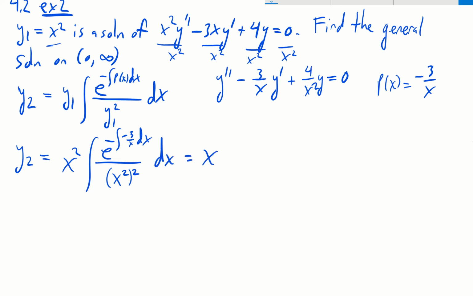This is going to be equal to x squared times the integral. We would have to do the antiderivative in the numerator first. So we have x to the fourth on the bottom dx.